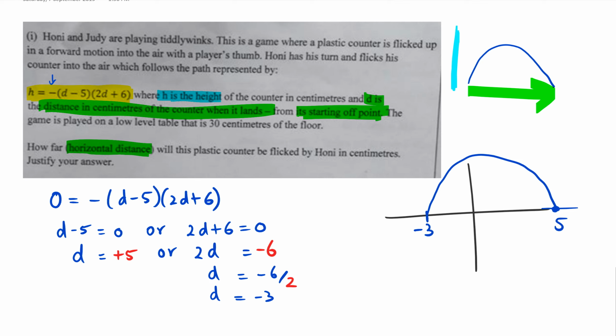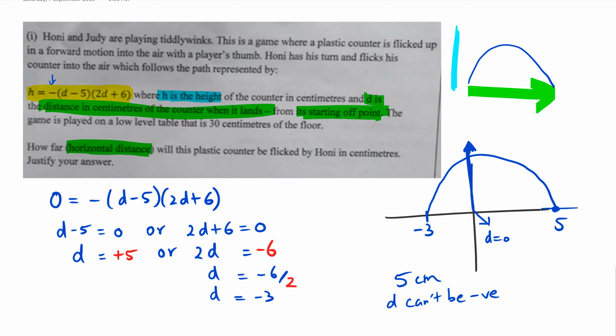So the coin is starting when d is equal to 0. In other words, how far it'll land is actually 5 centimeters, and you can mention that d can't be negative, so therefore the final answer is 5 centimeters.